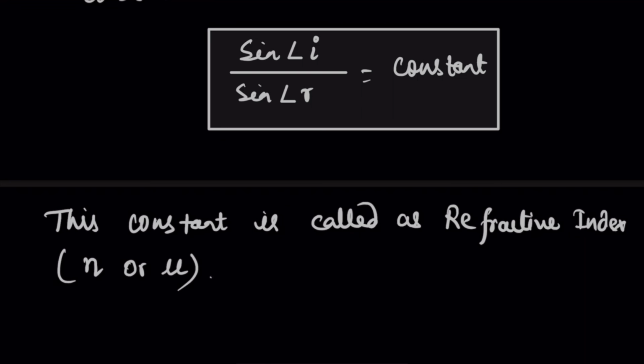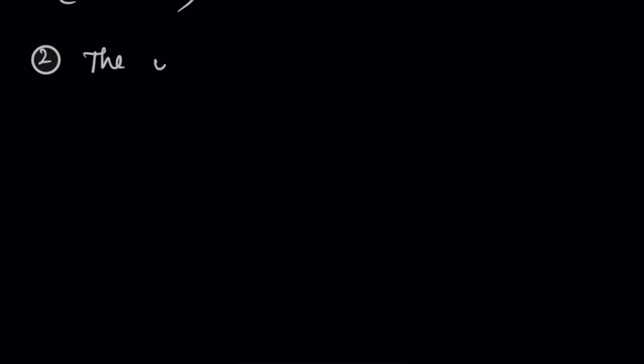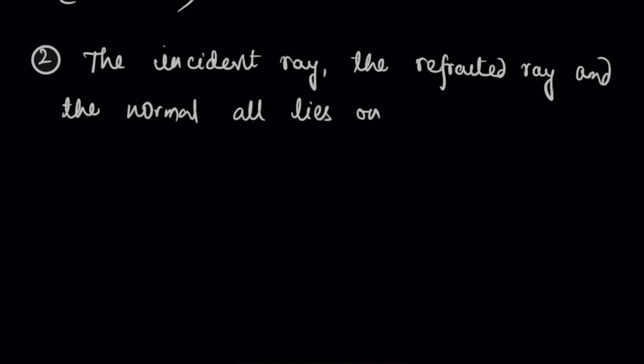I will explain the refractive index shortly, after the laws of refraction. So the second law is that the incident ray, the refracted ray, and the normal all lie on the same plane.